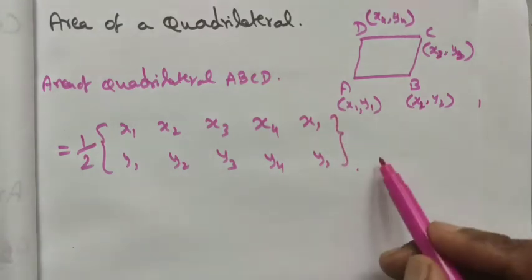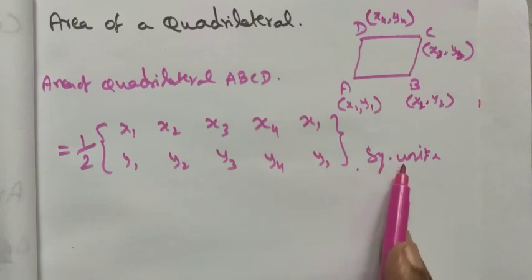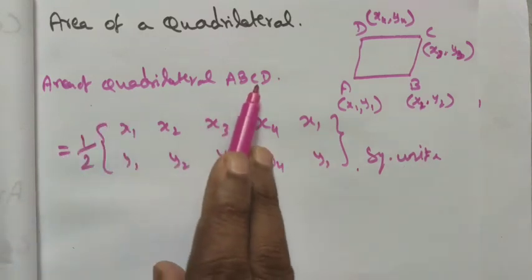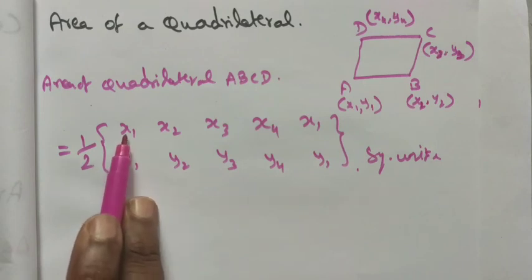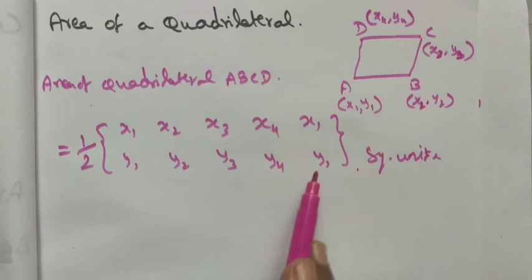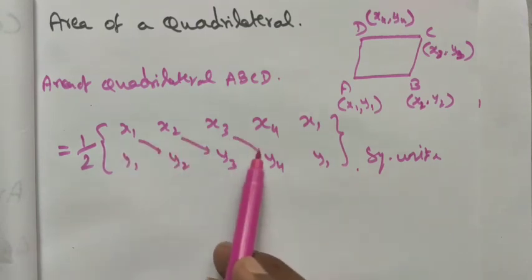We are finding area, so surely we get square units. So we have 4 points, x1 y1, x2 y2, x3 y3, x4 y4 and then again x1 y1. We have to multiply in this format.